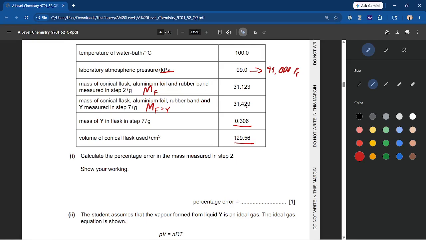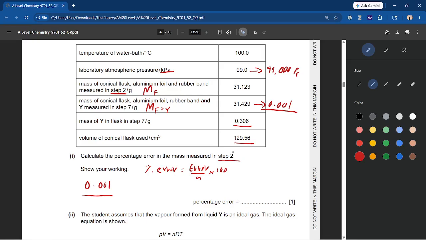So we're dealing with decimal places of 0.001. So we're going to take that 0.001, and we're going to divide this by, so basically the formula is percentage error is equal to your error divided by n times 100. So this will be 0.001 divided by 31, because we're measuring in step 2.